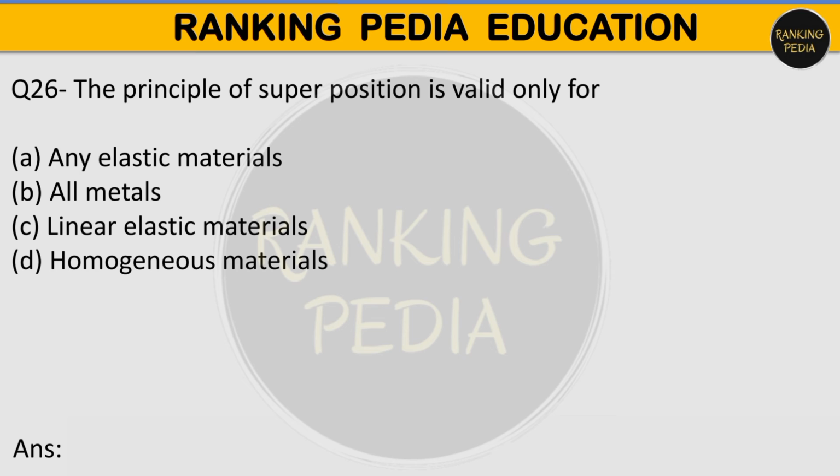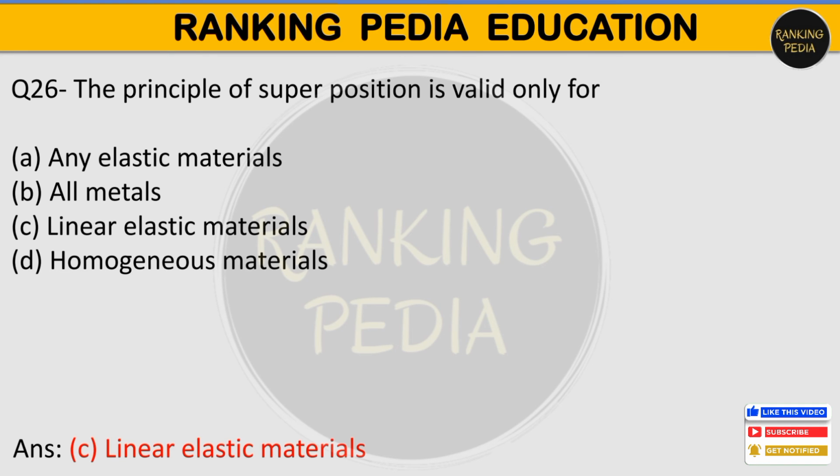So the principle of superposition says that when a number of loads are acting on a body, the resulting strain will be the algebraic sum of strain caused by individual loads. So the principle of superposition is valid only for your linear elastic materials. Option number C is correct.